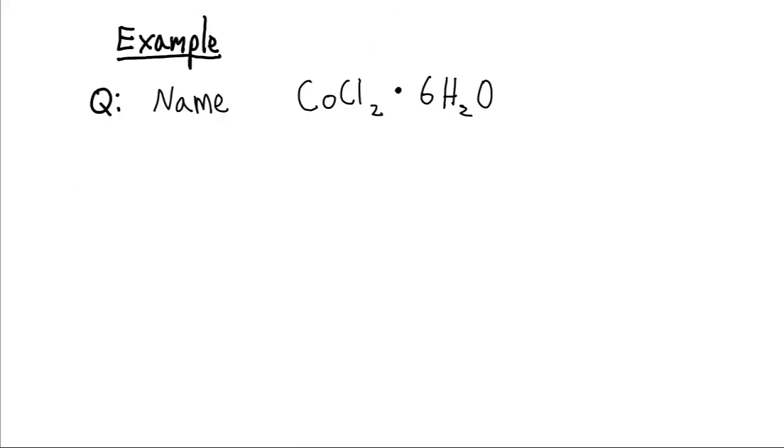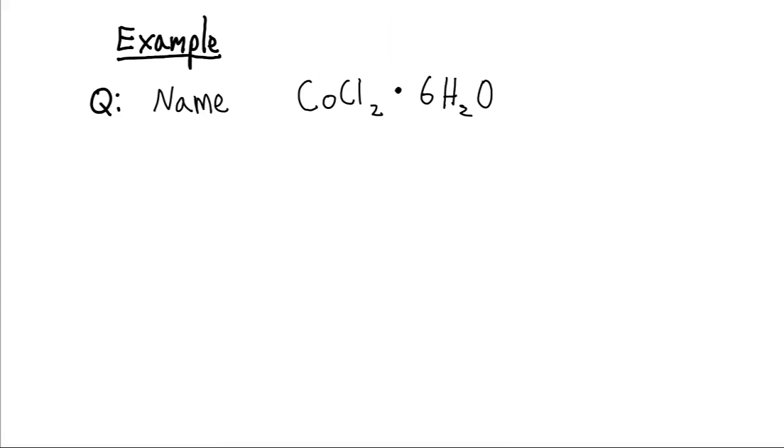Say you were given this formula here. We have cobalt, 2 chlorines, we have our dot, and we have 6 water molecules. The way that we're going to name this is we're going to name the ionic portion. And once we've named that compound, then we can throw on the hydrate portion of it. So this is cobalt, this is chlorine, which becomes chloride.